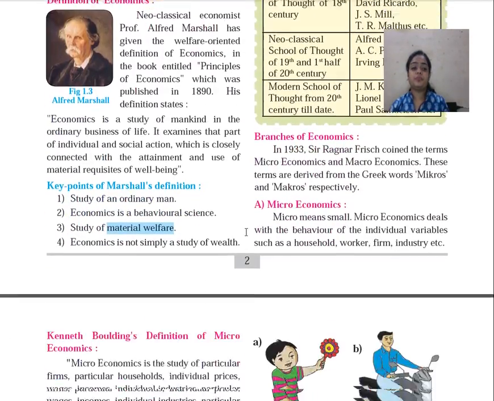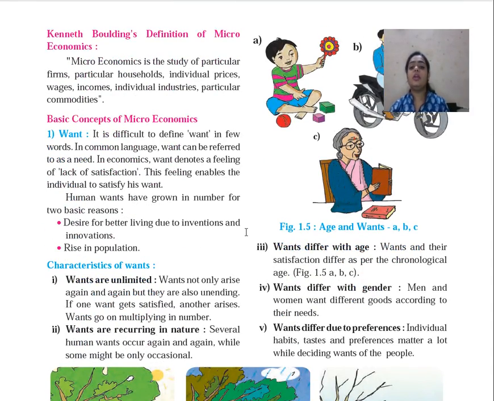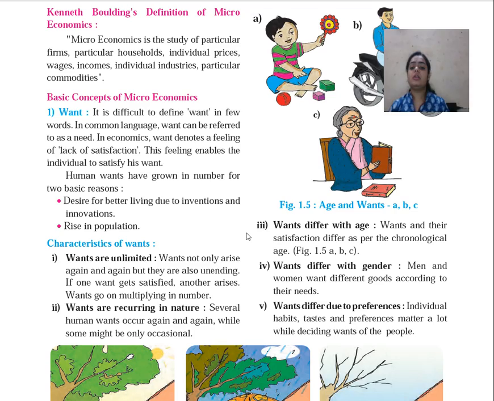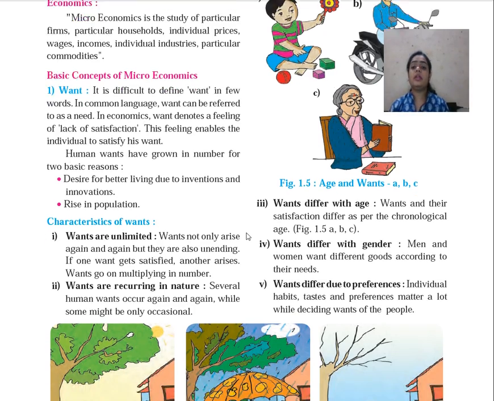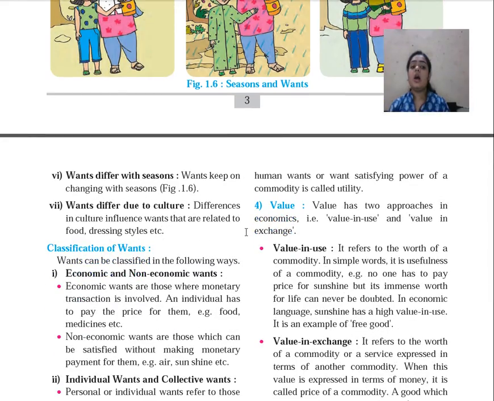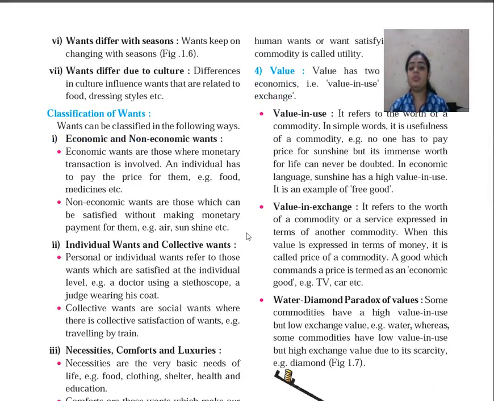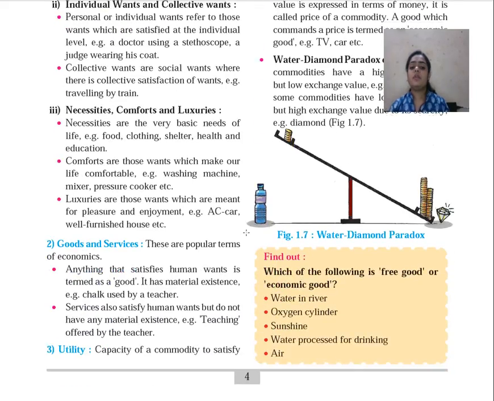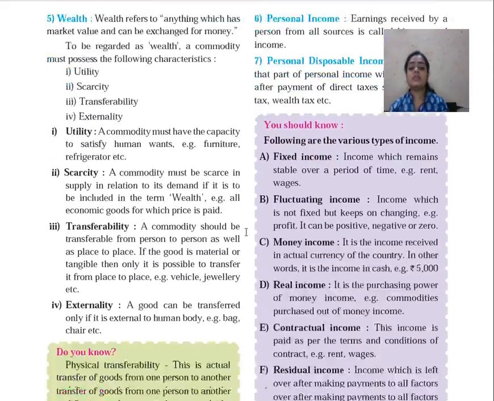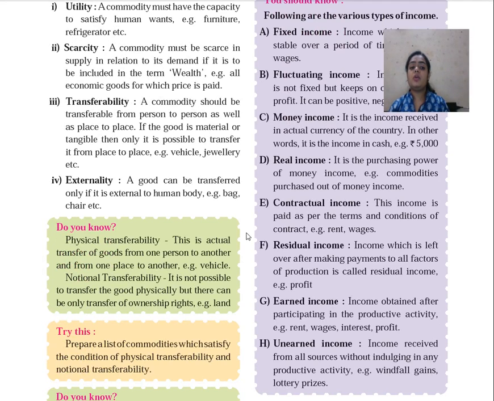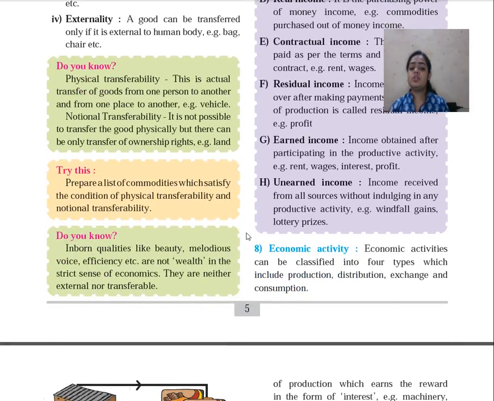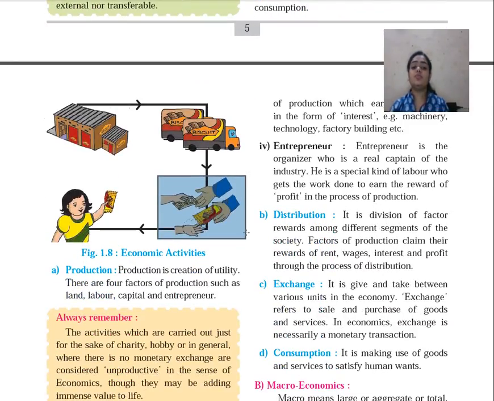Then we saw the difference between microeconomics and macroeconomics. In microeconomics we learned concepts dealing with wants: the different wants of people, how wants are used, and how each want is classified into non-economic and economic wants. We also studied income, that is fixed income, fluctuating income, and the various sources of income. We saw economic activities: production, distribution, exchange, consumption.